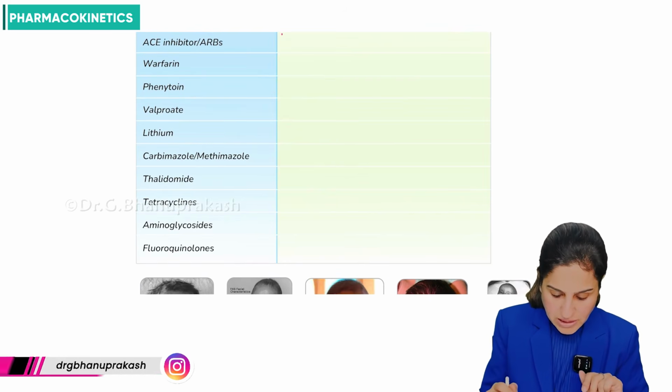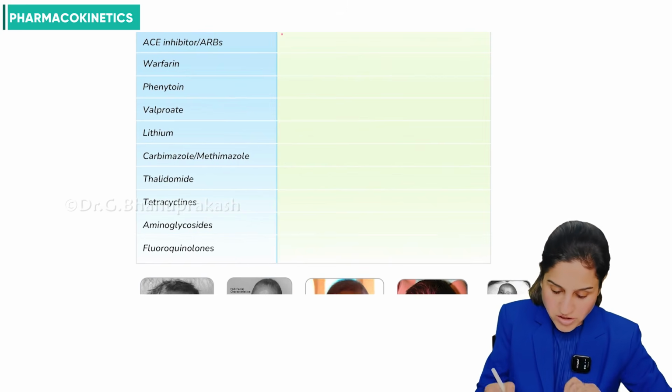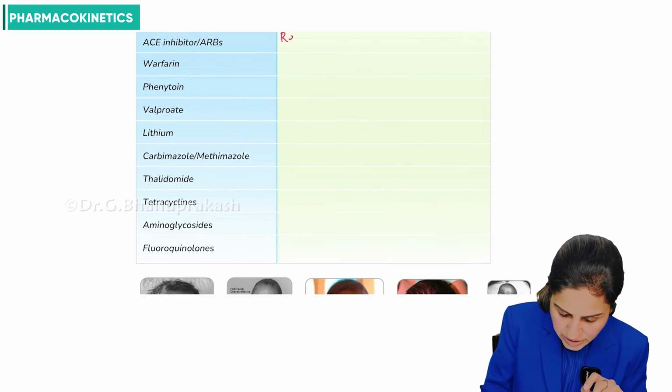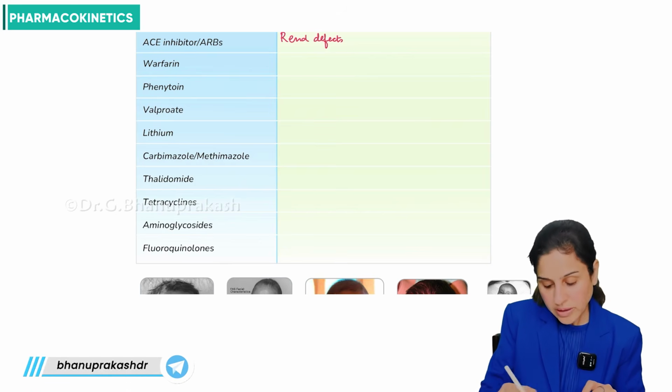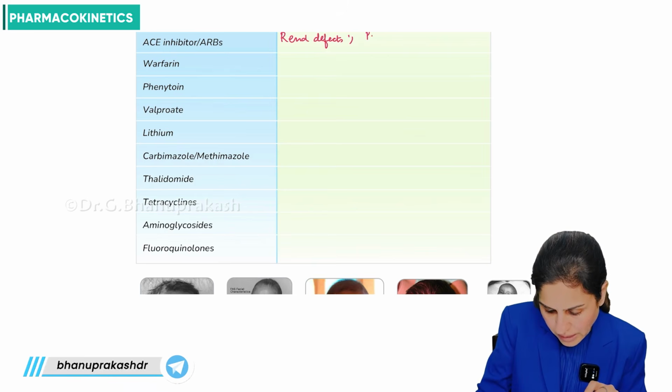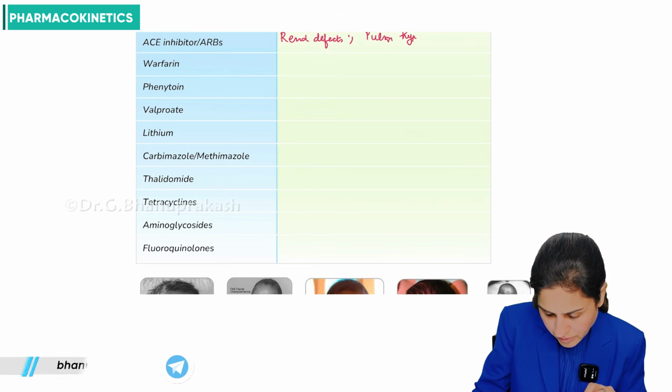So let's do some of the important teratogenic effects of various drugs which are contraindicated in pregnancy. ACE inhibitors or ARBs are absolute contraindications because in the fetus they can cause renal defects, right? They can cause renal defects, they can cause pulmonary hypoplasia.